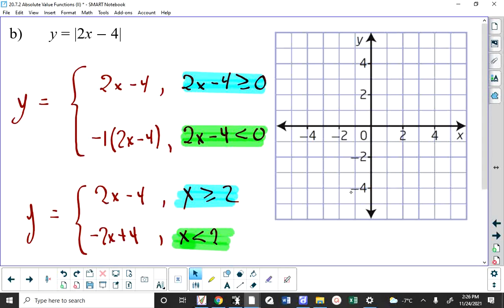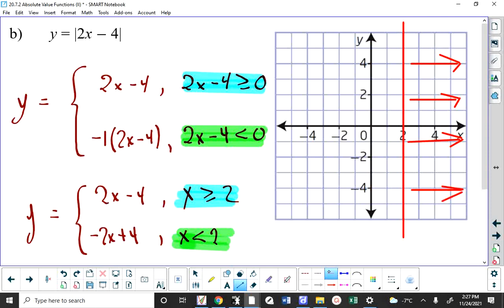I don't want you to draw what I'm about to draw. I'm going to do my best here to give you different ways to visualize what's going on because it's difficult. This blue region, x is greater than or equal to 2, means, and don't draw this, it could be here or to the right.